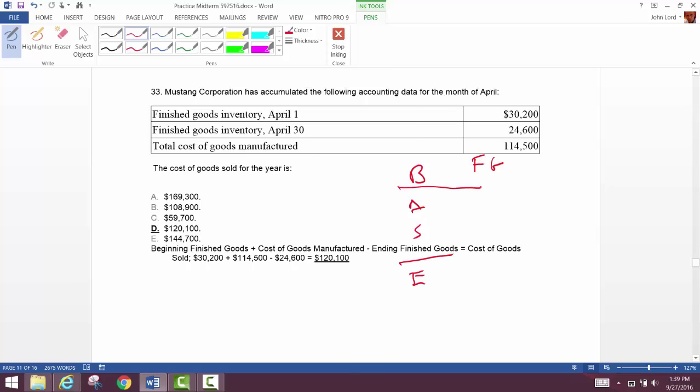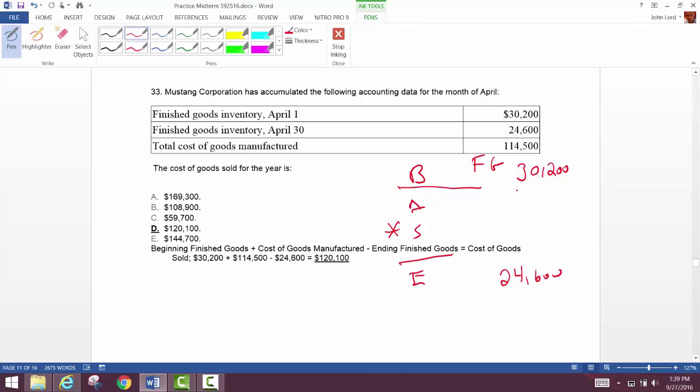My beginning finished goods is what? 30,200. My ending is 24,600. Okay, and I'm looking for the subtract, right? I know that's the cost of goods sold. So what was the add?